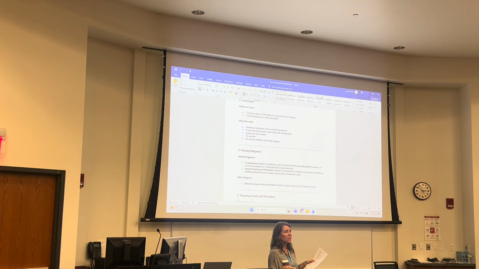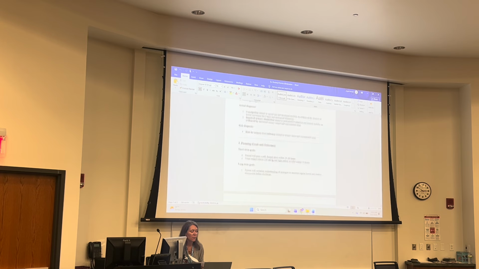Okay, so if the urine is concentrated, it's more irritating to the GI system, so can lead to infections. And then again, if we don't release our bladder when our bladder is full, the urine is just kind of sitting in there, and then we can grow bacteria and have infection. Okay, so those are our nursing diagnosis or our problems that we can come up with and identify for this patient.